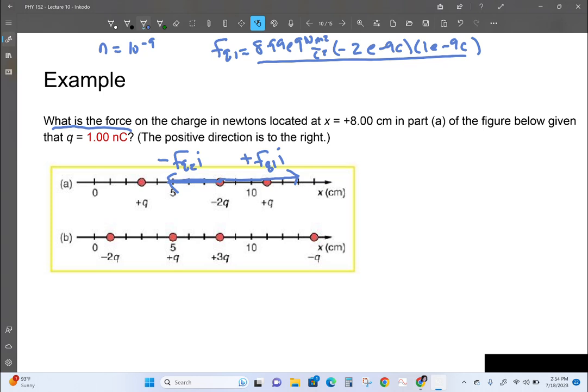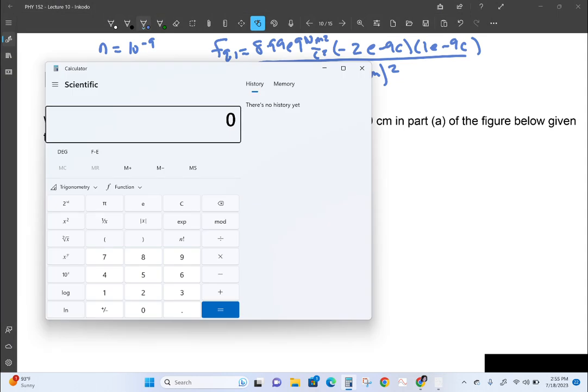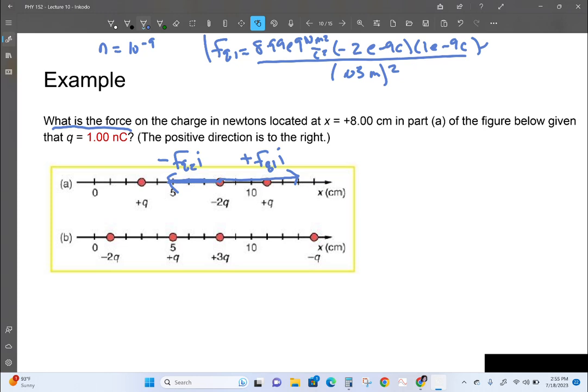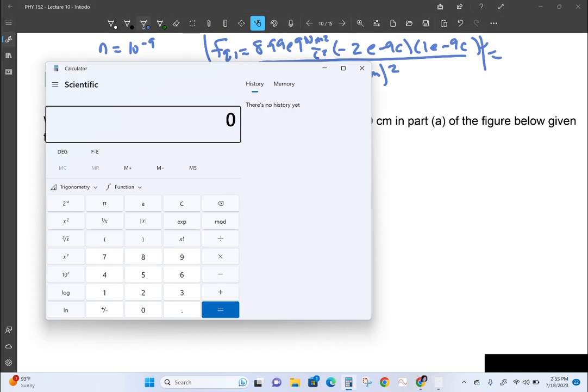Well, this is 8 and this is 11, so that's 3 centimeters, or 0.03 meters squared. I'll put this in my calculator. And I'm just going to find the absolute value of all this, and I'm going to assign it a direction later using our normal directions.